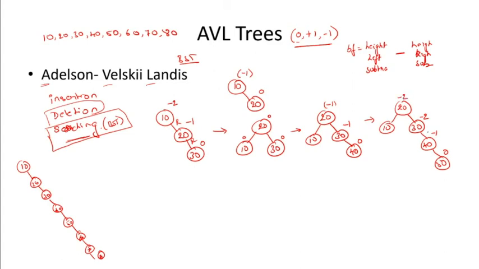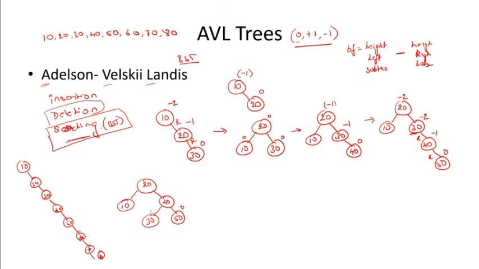So you need to perform an RR rotation for this particular node, because the balance factor was affected at this node. When you perform the rotation, it will be 40, and 30 will come here, 50 will come here, and then you have 10.